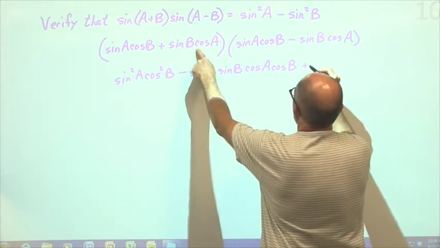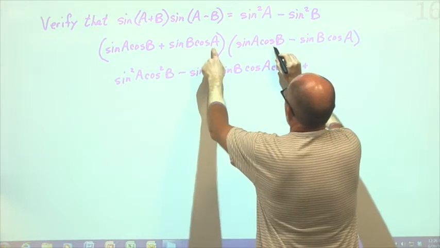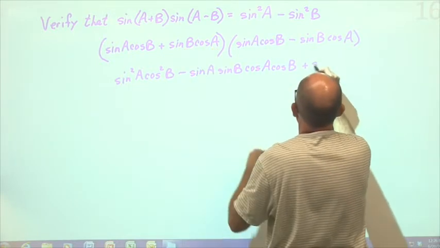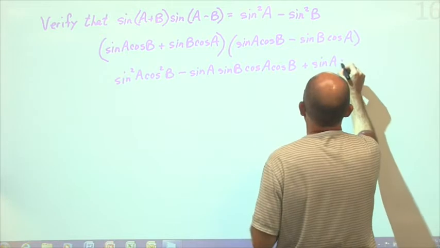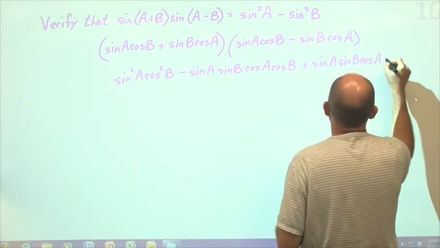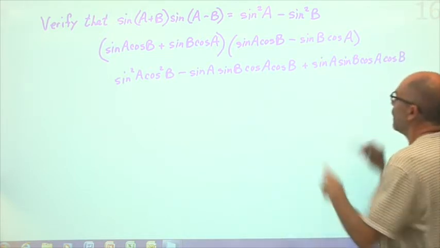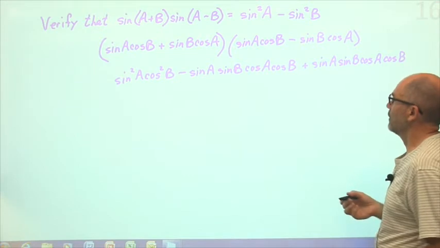So it's going to be plus sine A sine B cosine A cosine B. So notice those two middle terms are going to cancel.